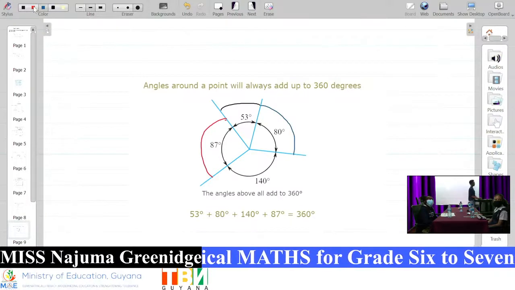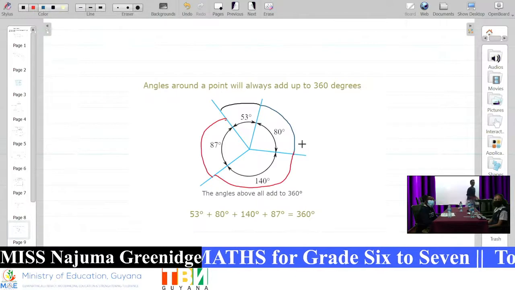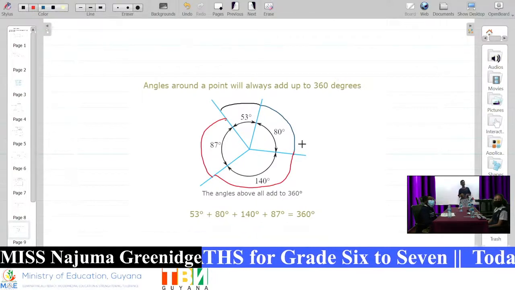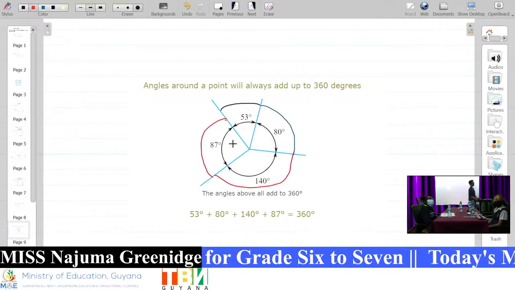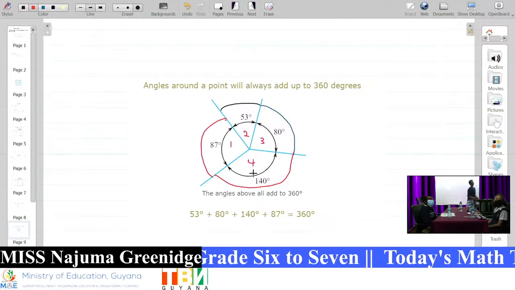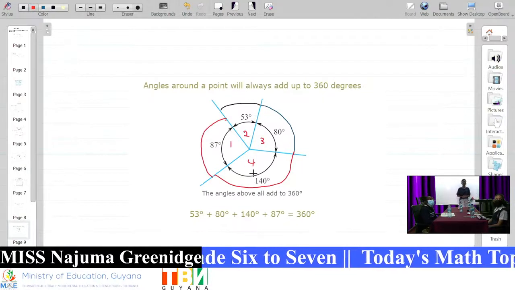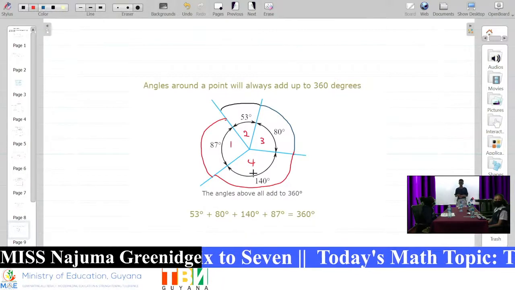Let me use another red. Here is 140. So how many angles do we have here, by the way? Let's count. 1, 2, 3, 4 angles. So those 4 angles of varying degrees will add up to give us 360 degrees.